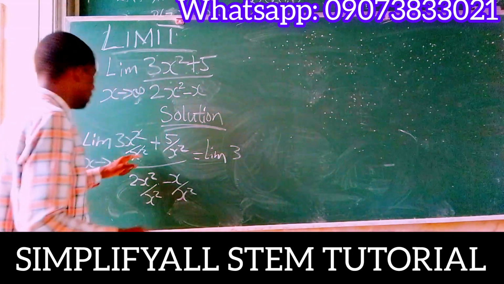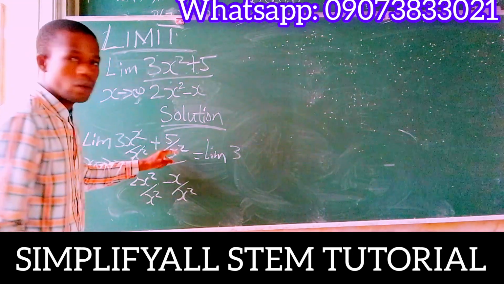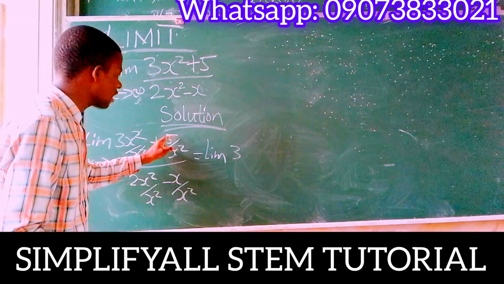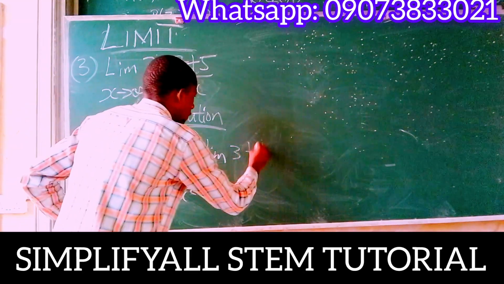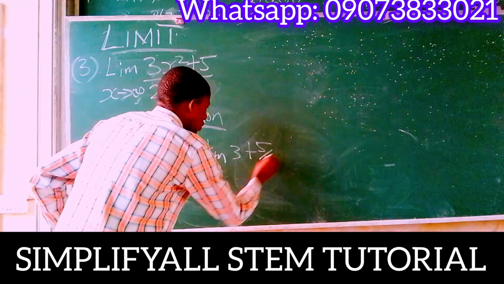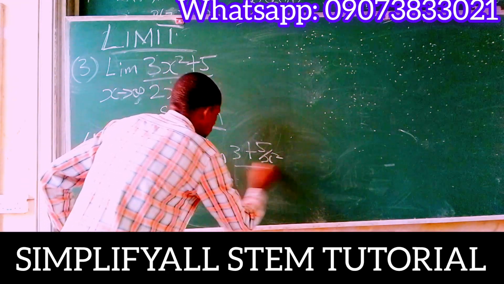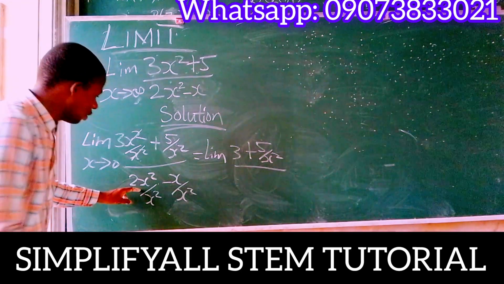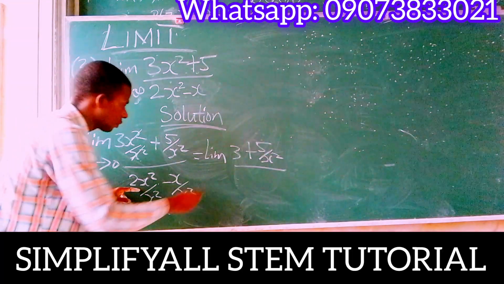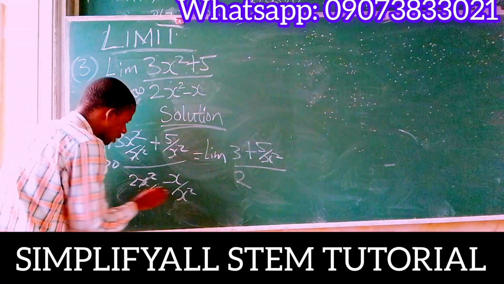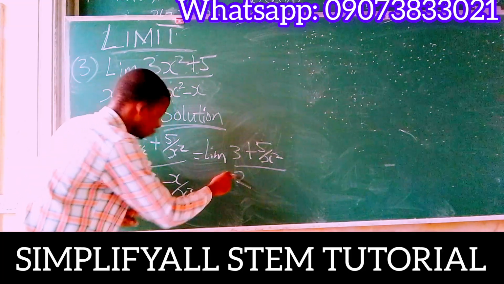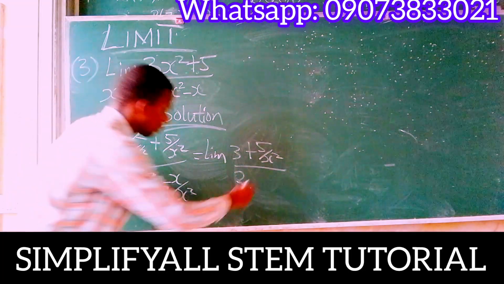Now we come to this side: there is nothing to cancel because there is no x on the numerator, so we have 5 all over x squared still. On the denominator, x squared cancels x squared, and we are left with 2.